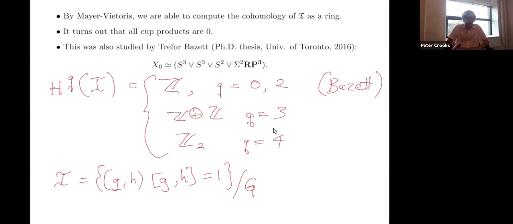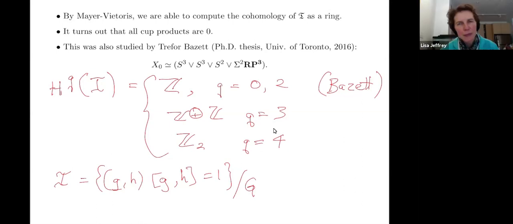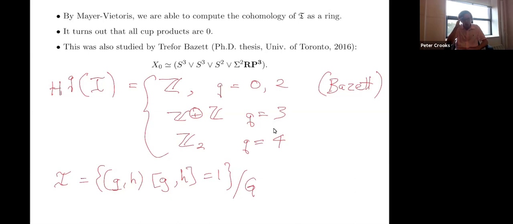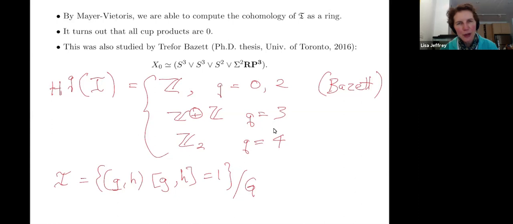I see. I was just going to ask why it doesn't reduce to T times T mod W, but no, it's right. Okay. Thank you. You have to deal with the points where G is in the center and or H is in the center.